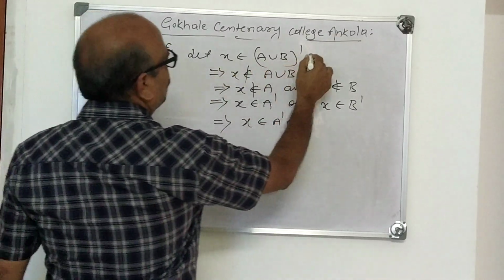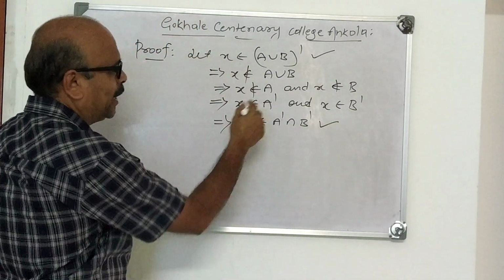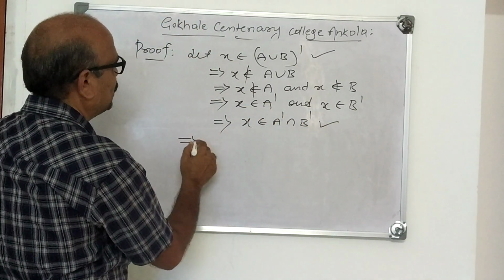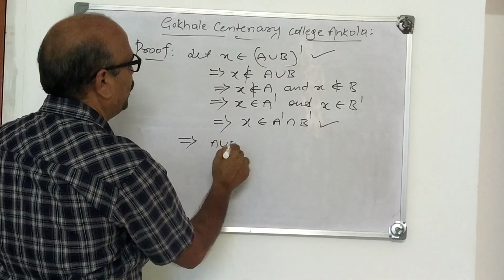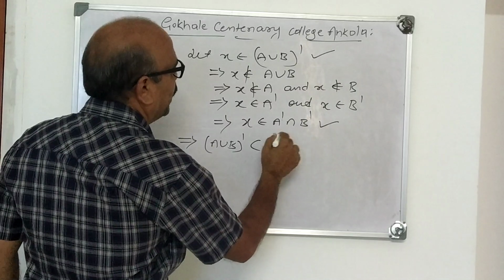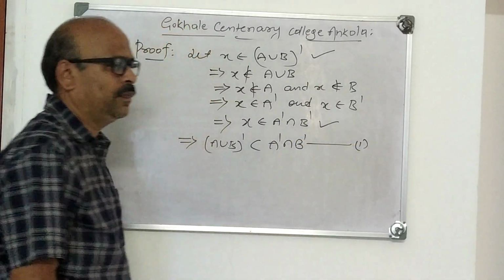So, x belongs to (A union B) complement implies x belongs to A complement intersection B complement. What does this imply? (A union B) complement is contained in A complement intersection B complement.